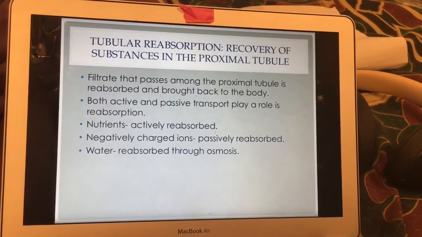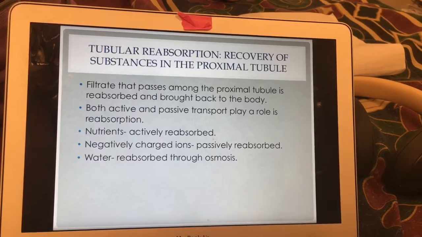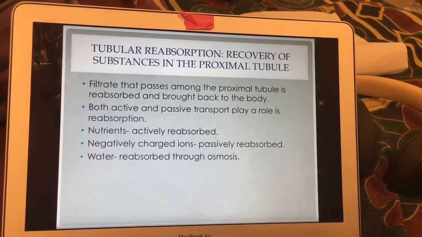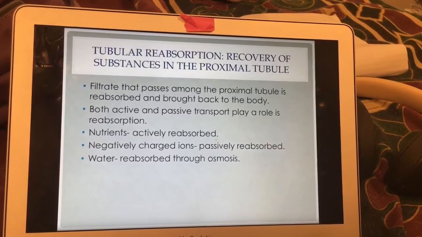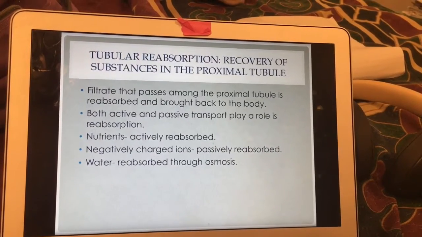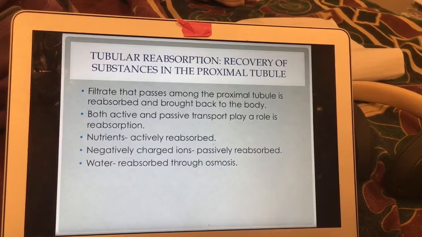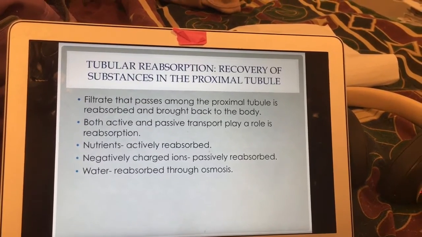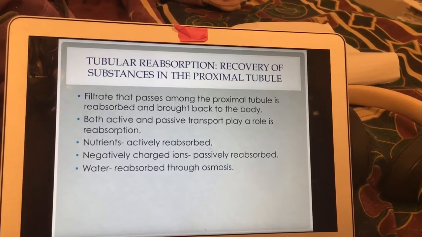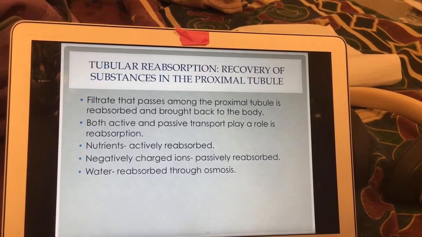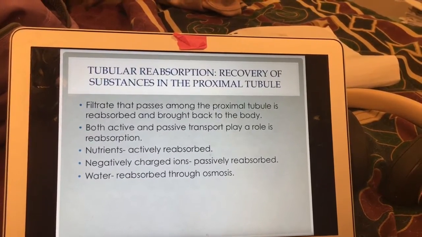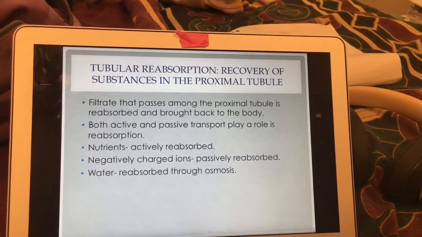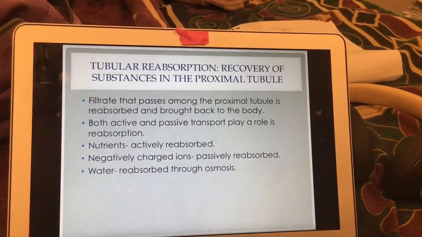Negatively charged ions will be involved and move passively, attracted by the electrical charge on the transported substances. So lastly, water is reabsorbed by osmosis and is reabsorbed into the blood flowing through the capillaries.